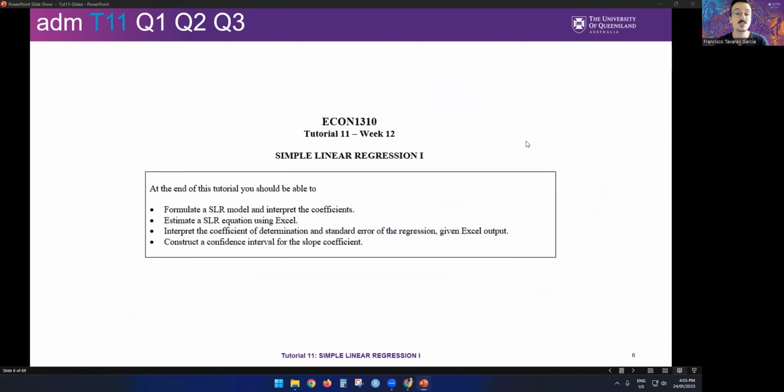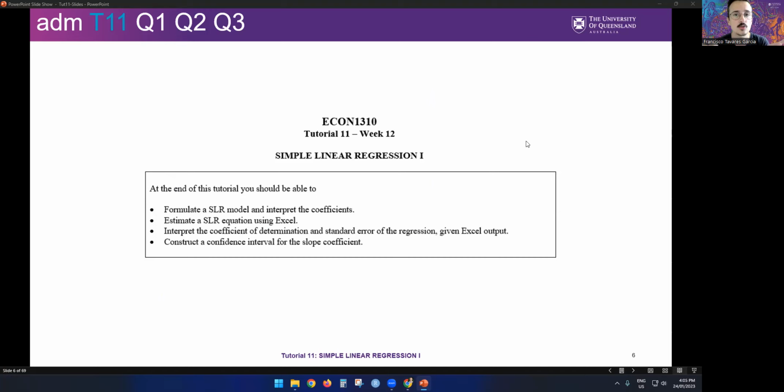Today we're talking about simple linear regression. At the end of this tutorial, you should be able to formulate a simple linear regression model and interpret the coefficients. We'll be talking a lot about it. Second, estimate a simple linear regression equation using Excel. In fact, during the tutorial, we will be receiving the Excel output.